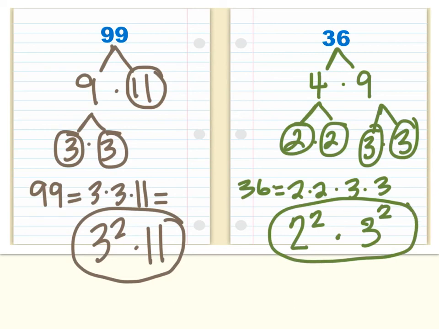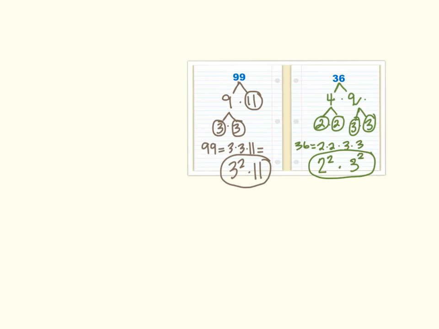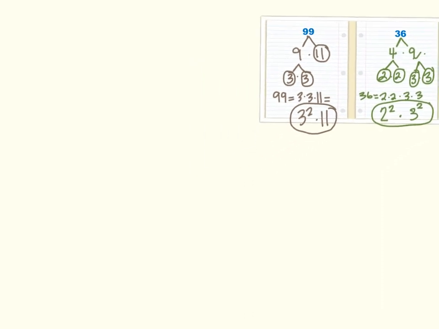So even if you had started, let's see what would have happened if I had started with 6 times 6. So let's look at this. Let's say I had 36. If you had done 6 times 6, we still would get the same answer.